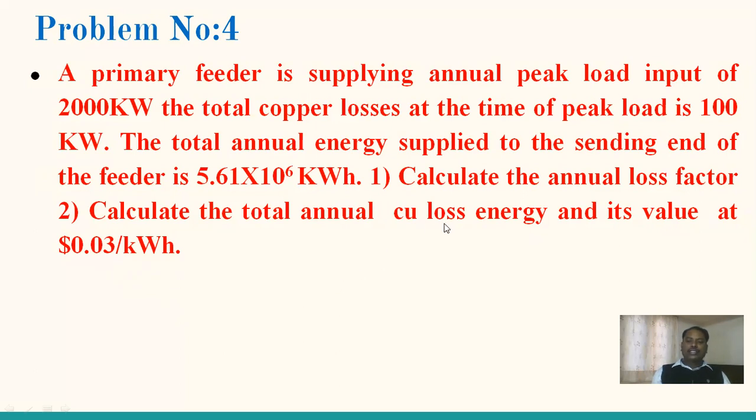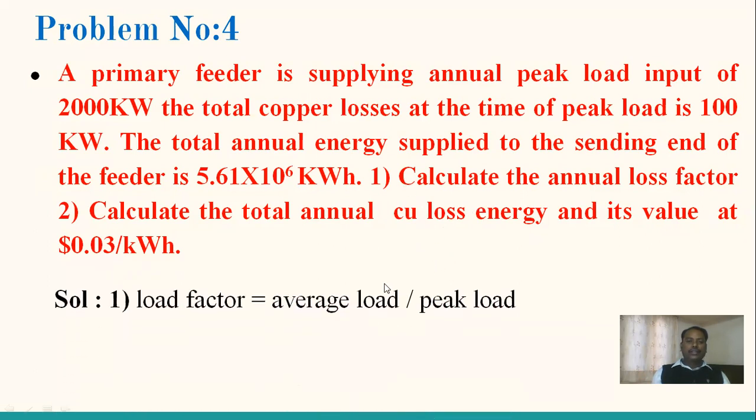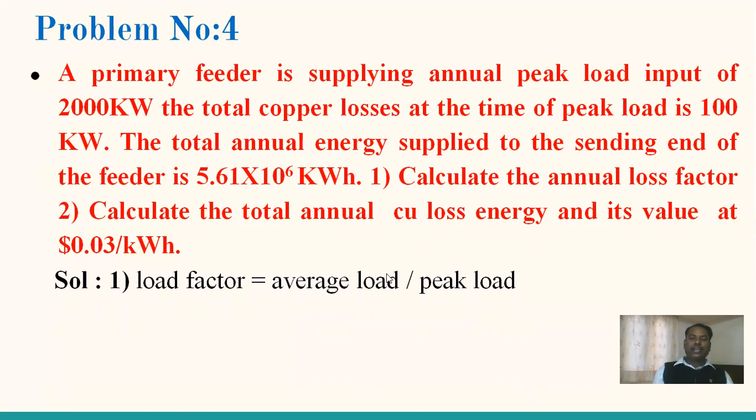So let us start as usual. This problem also belongs to the earlier type of problem. Here we need to calculate the loss factor, and the loss factor is related to the load factor. That's why let's calculate the load factor and average load.